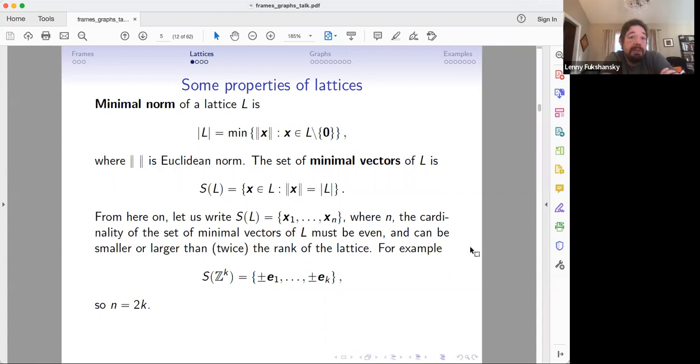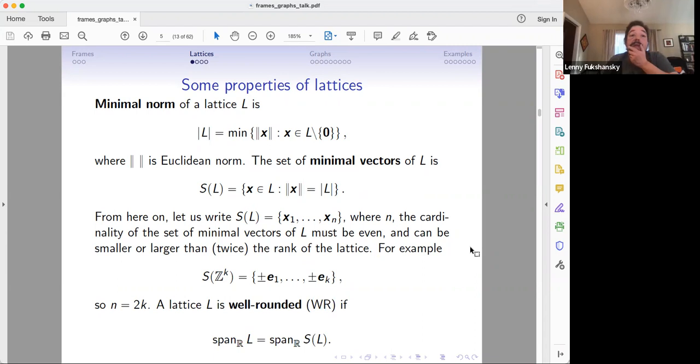Okay, so in principle, the cardinality of the set of minimal vectors can be smaller than, equal to, or larger than twice the rank. Perhaps the easiest example is the integer lattice Z to the k. The minimal vectors there are just plus or minus the standard basis vectors.